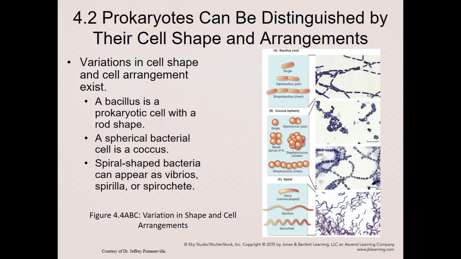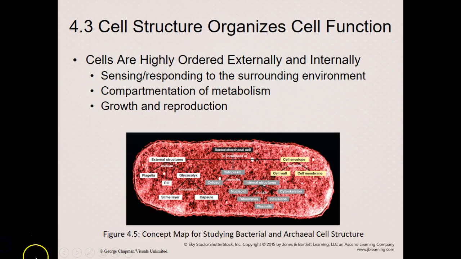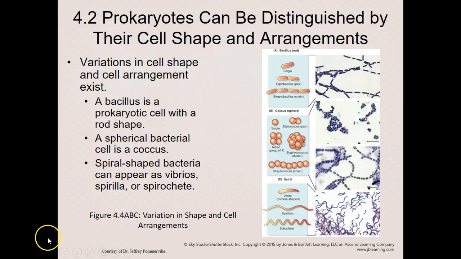Another type of structure that you can find are spiral-shaped organisms. We have one in our lab called Vibrio. Vibrio is a curved rod, so not so much spiral-shaped, I'm sorry.